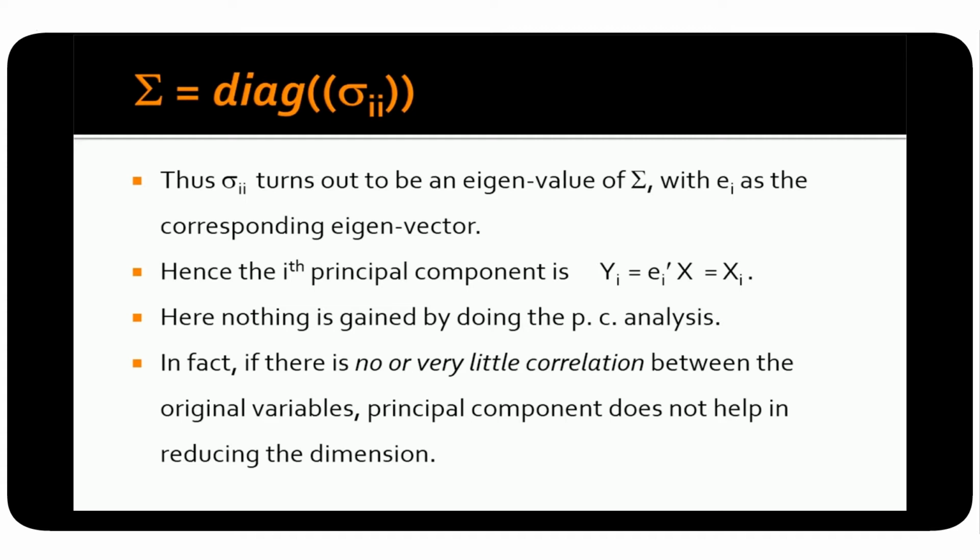Mind you, in this case the variables are uncorrelated among themselves. If there is no correlation among the variables, there is no common factor among them, and hence the variables themselves turn out to be their principal components. So, we do not really do a principal component analysis when the variables are uncorrelated to each other.